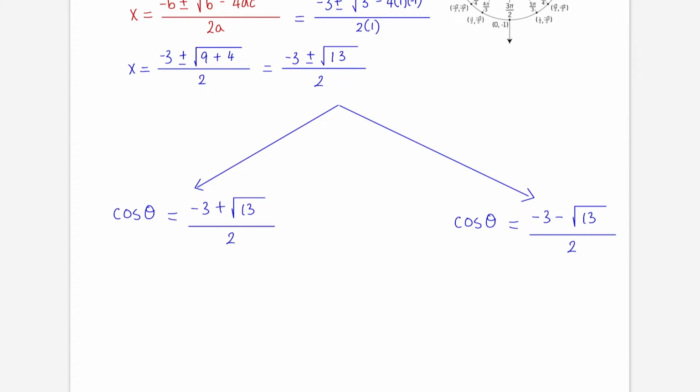I will put these into a calculator. When I put in negative 3 plus square root of 13 over 2, I got 0.302775637. And when I put in negative 3 minus square root of 13 over 2, I got negative 3.302775638.